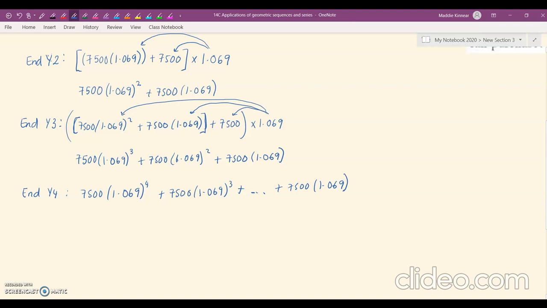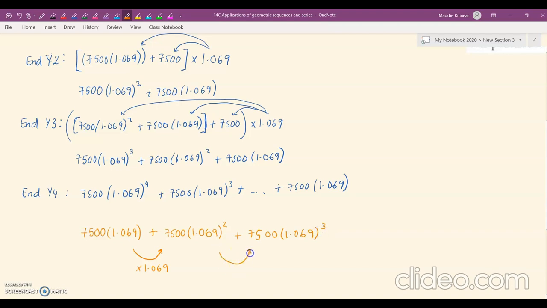So what we're getting here is, if I rewrite this back to front, we actually end up with a geometric series. So we have a first term of 7,500 times 1.069, and I'm then adding on another 7,500 times 1.069 squared, and from term to term we are multiplying by our interest rate every time, and this will keep happening up till the final term in your series.